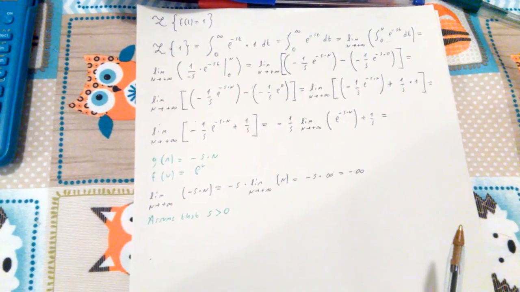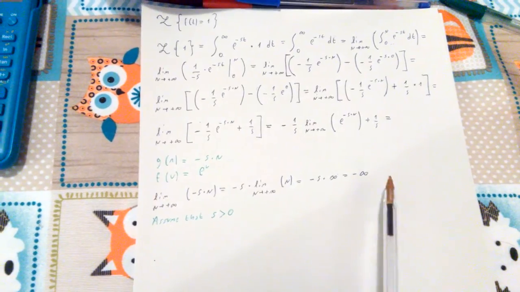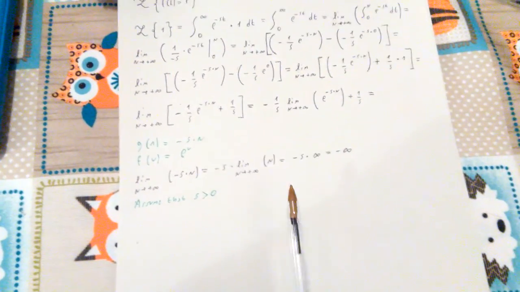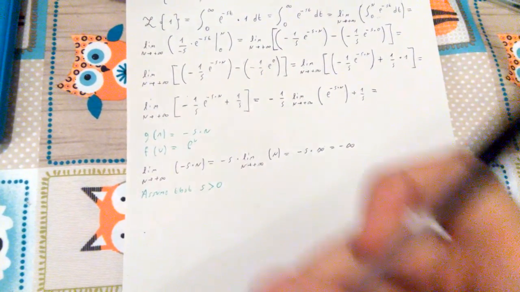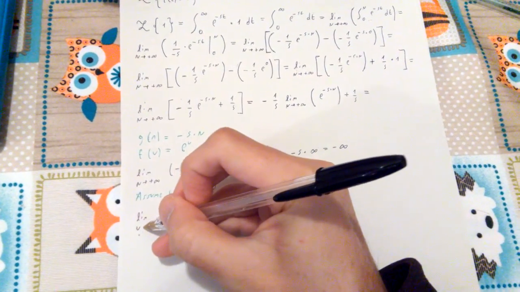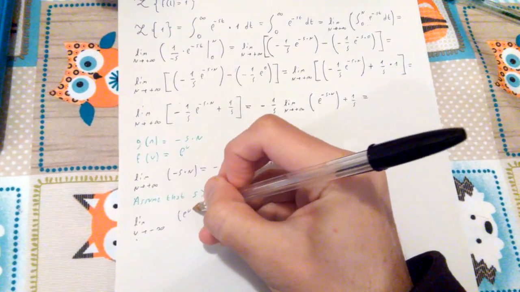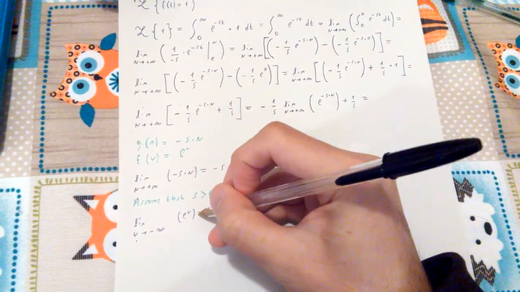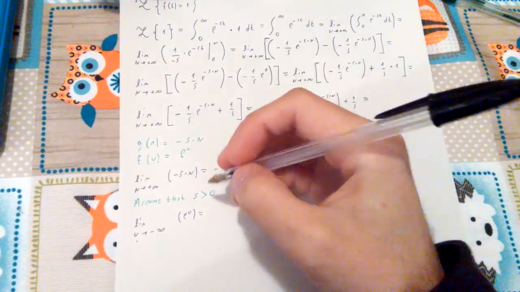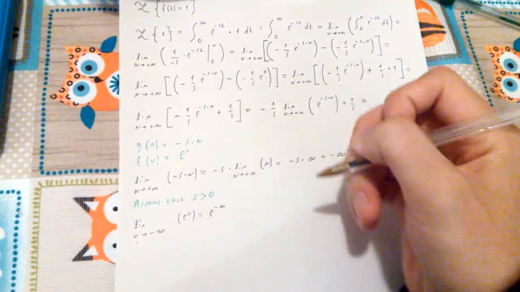That's not good either. And if it's negative, it will be positive infinity, which is not good either. So once we have done that, we can say that the limit as u approaches negative infinity of e to the u is the result we have got here. So it's just e to the negative infinity.